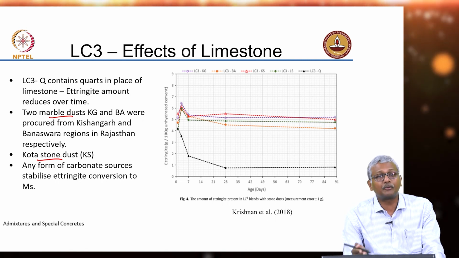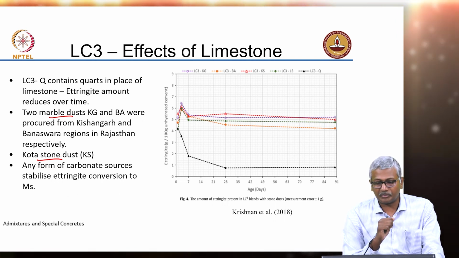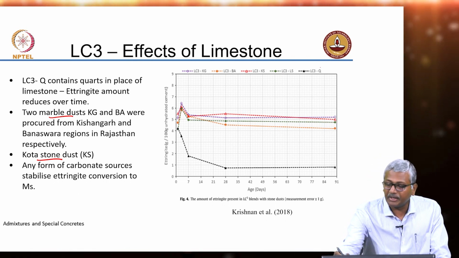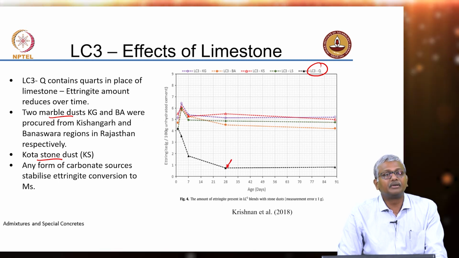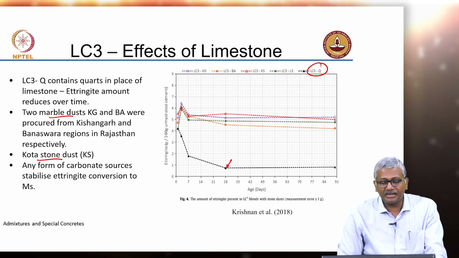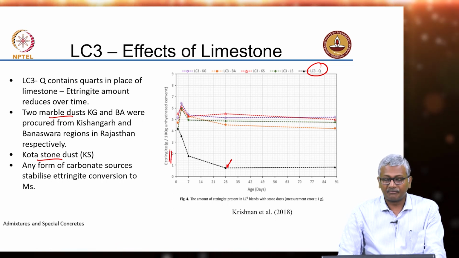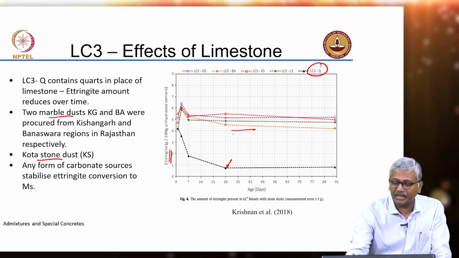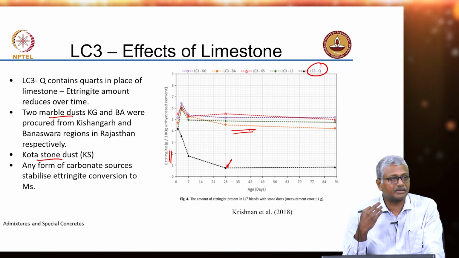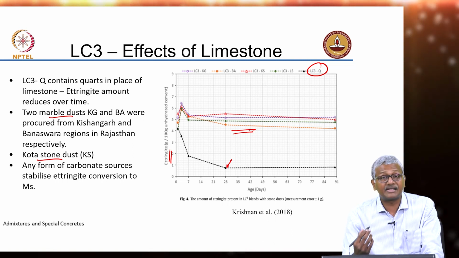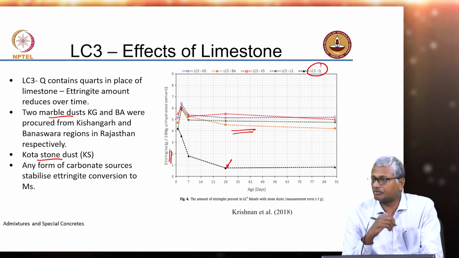And such material could be useful as a component in this ternary combination. As you can see here, when simply quartz is used in the LC3 in combination with your calcined clay, you are not really getting the stabilization of ettringite. Whereas when you use any other type of limestone, whether it is calcite from marble dust, calcite from Kota stone dust, or calcite from limestone, you are not really seeing a major difference in performance.